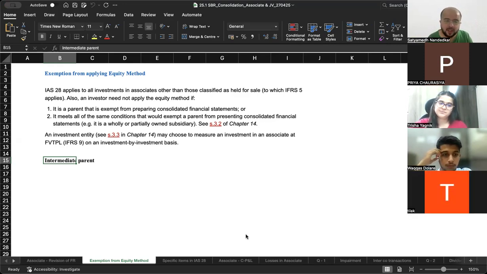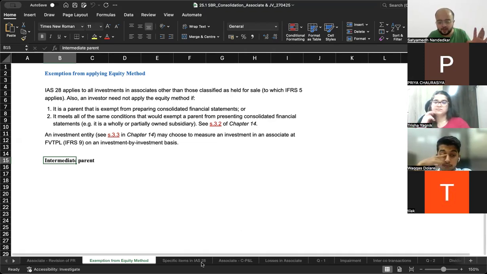Also, an investor need not apply the equity method if it is a parent that is exempt from preparing consolidated financial statements, or it meets all of the same conditions that would exempt a parent from presenting consolidated financial statements. So, if the intermediate parent or investment entity reason says you are exempt from preparing consolidated financial statements, then we'll also exempt you from applying the equity method of accounting.